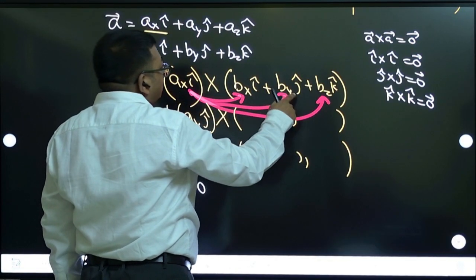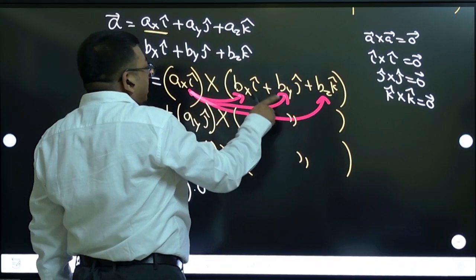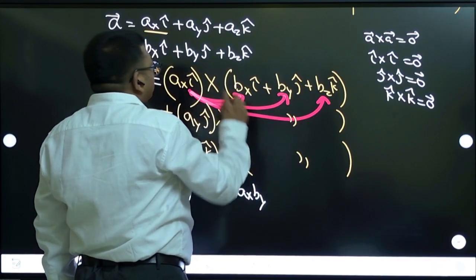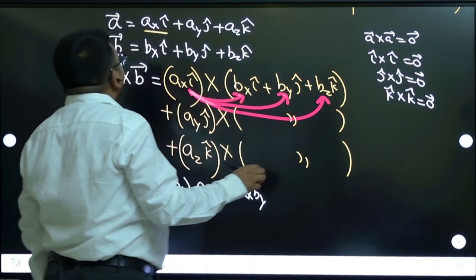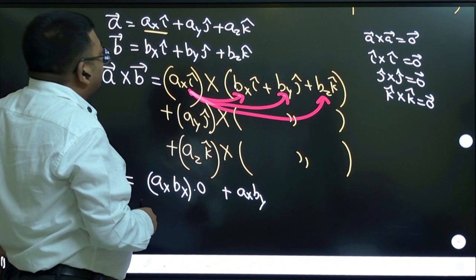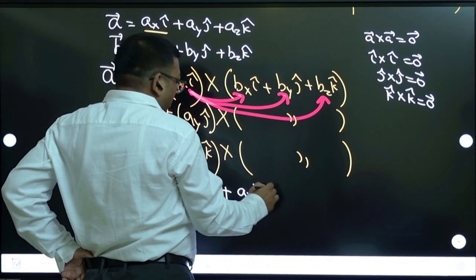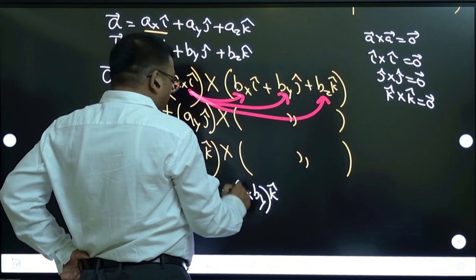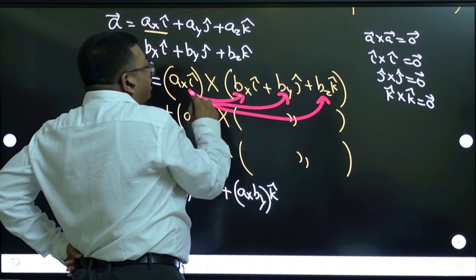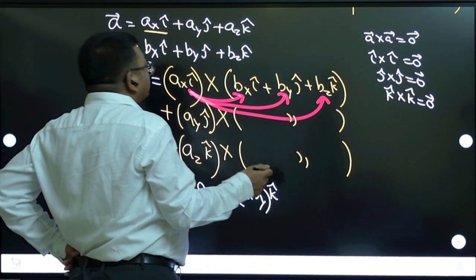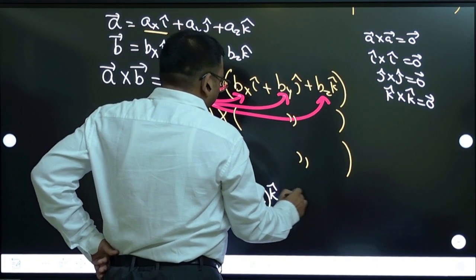Next, i cross j will happen. The scalar will multiply, so Ax By will happen. What is i cross j? Tell me, what is i cross j? k cap, so k cap will come. Then what is i cross k? I cross k is minus j, so then you write minus.